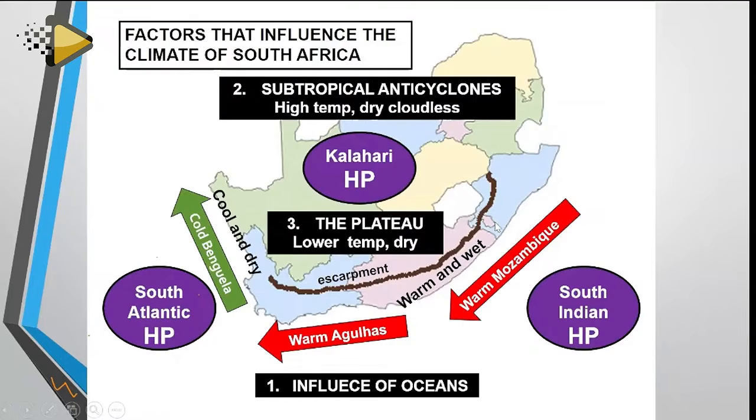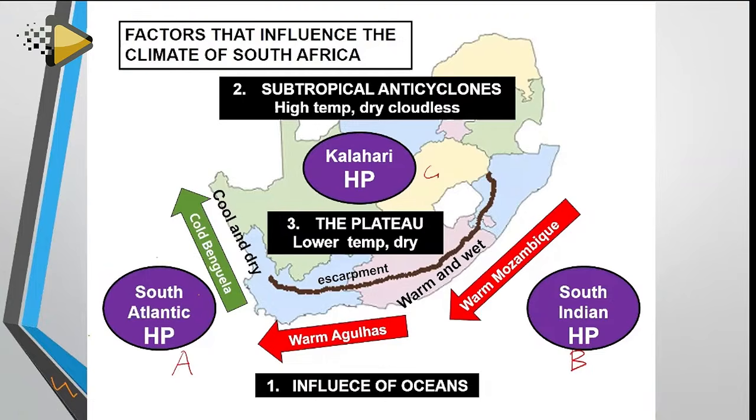high pressure systems. It's very important that you are able to identify them. So the question could say, identify the high pressure A, B, C. You must know their names. This is South Atlantic, this is South Indian, and this is Kalahari. And then what you should know again is their movement in the atmosphere.